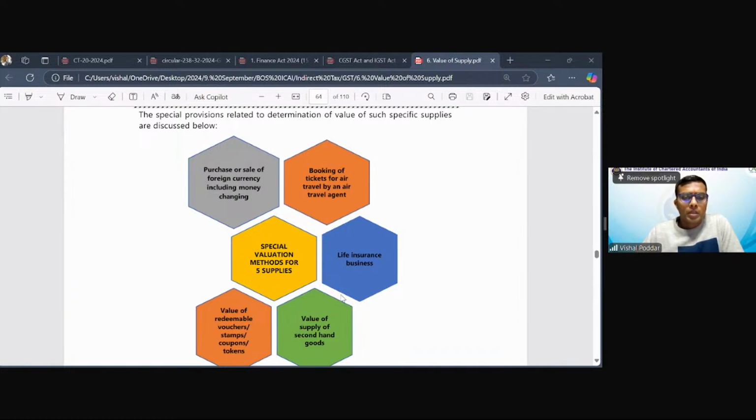Yes, we are discussing the valuation rules for some more types of industries and businesses. Let us go to the details of these. Now, what are these valuation rules?